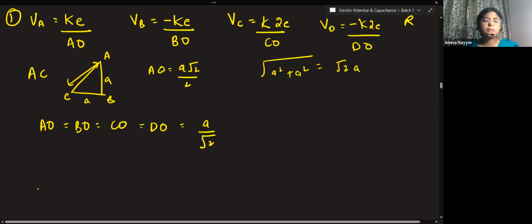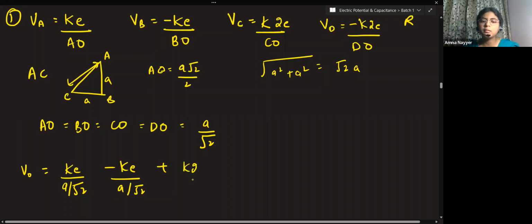Now if you take out the net potential, this will be KE by, now see AO, BO, CO, DO all are equal to A by root 2, minus KE by A by root 2, plus K2E by A by root 2, minus K2E by A by root 2.